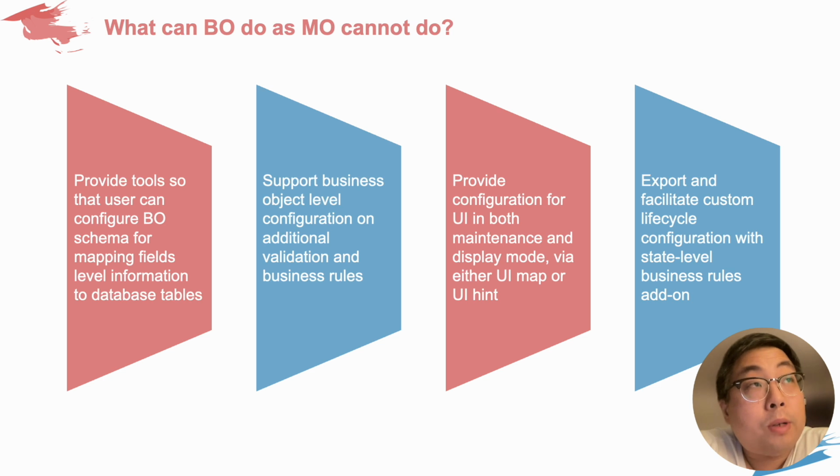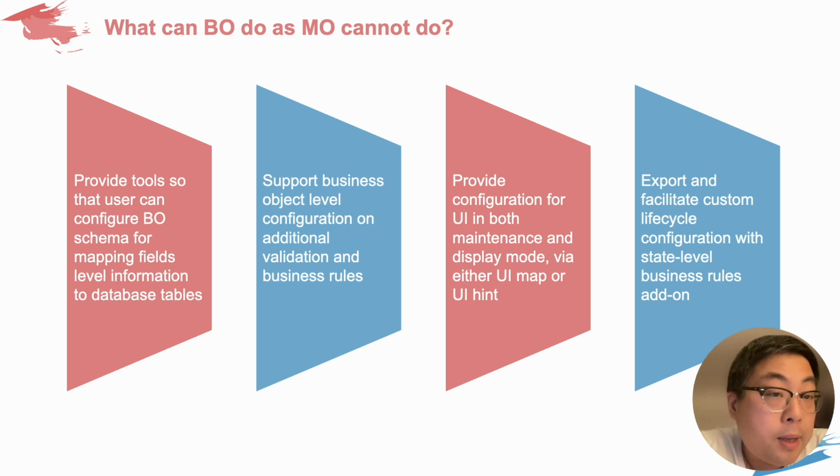So in maintenance object, we can only map physically table to table, metadata table to database table, field level metadata field to database table field. But actually, you cannot define a business attribute, business entity, and business element into the database directly. With business object schema, you can do that.